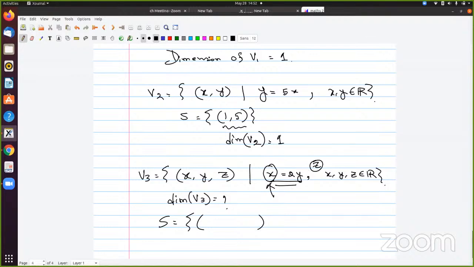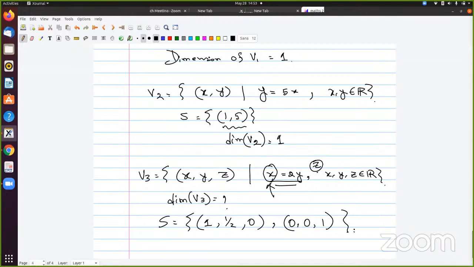Once you are putting 1 in one free variable, put the other free variable as 0. And then in the other one, we can take 1 in the free variable, and the independent Z should always be 0. These two elements will be your spanning set.